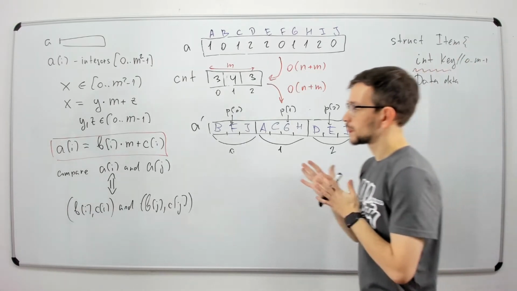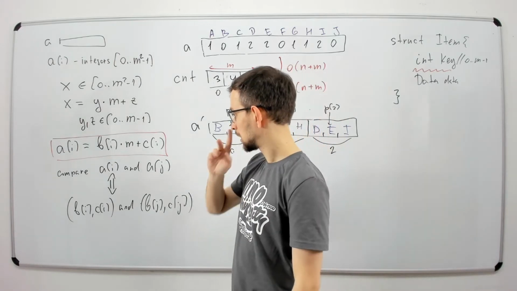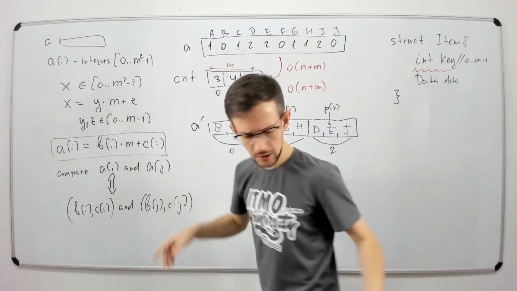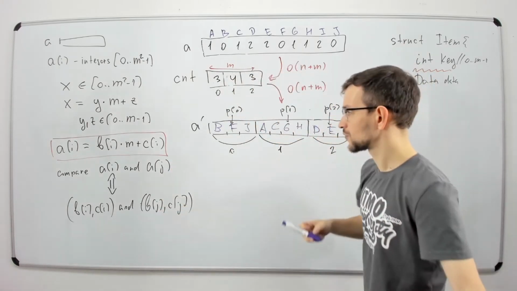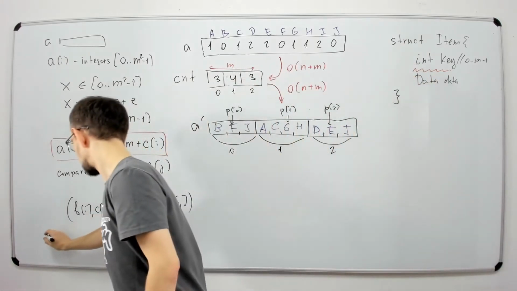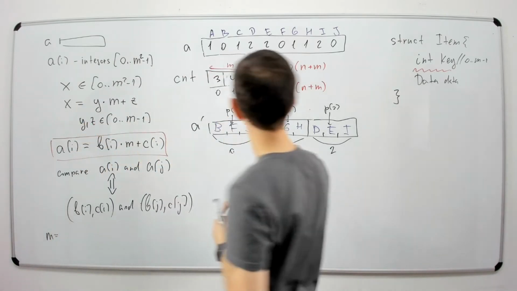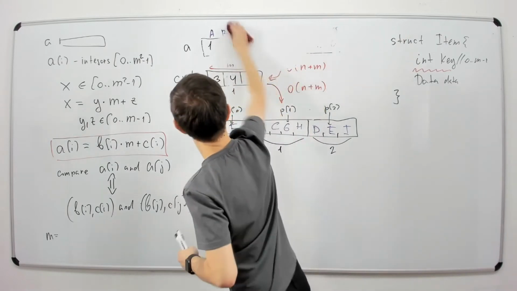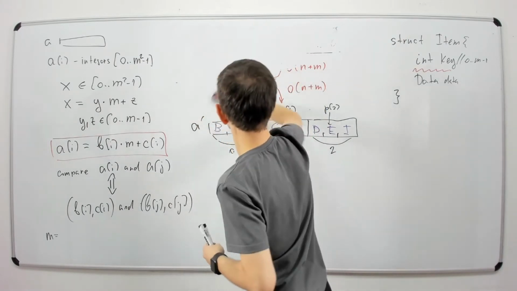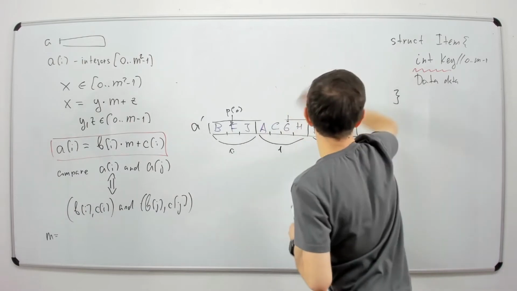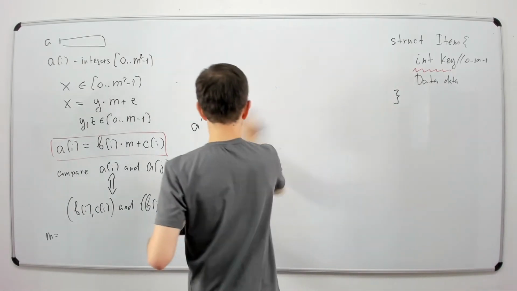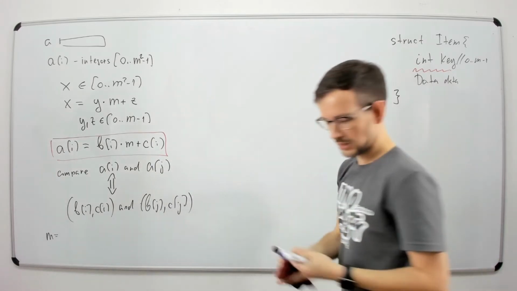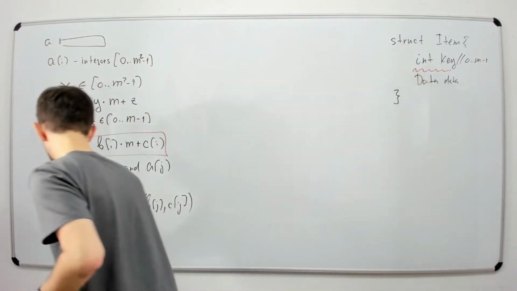That's all the trick. So now instead of one big number, we have two small numbers. Again, let's show. Let's have some array here. Let's have again m equal to 3.